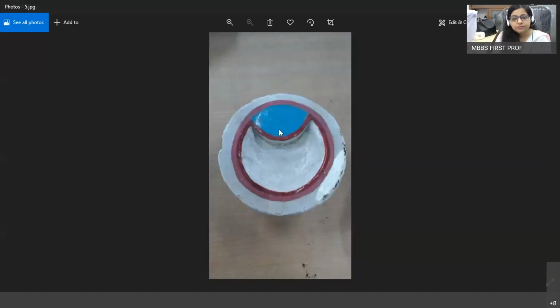This is a similar thing, but an additional structure is found here, and the stage is known as blastocyst, where you have a cavity.